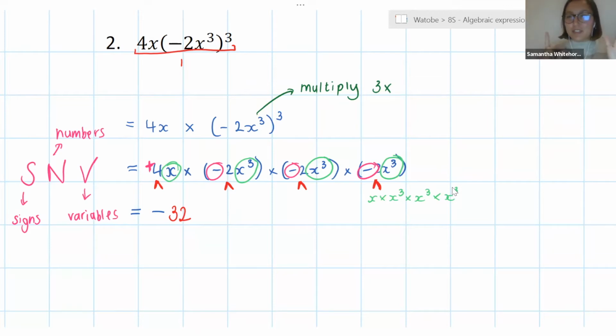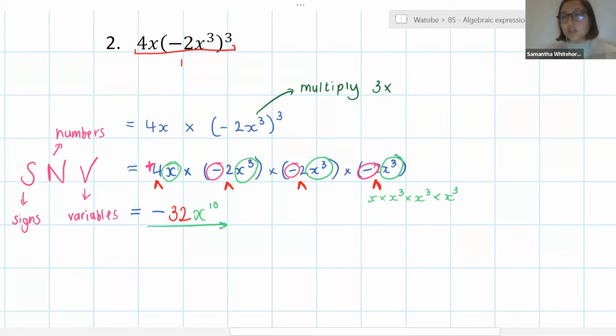Then another 3 is 7, and then another 3 is 10. So when I multiply all of those together, I've got x to the power 10. Alrighty. So your final answer there, I know my answer is very colorful, is negative 32x to the power 10.